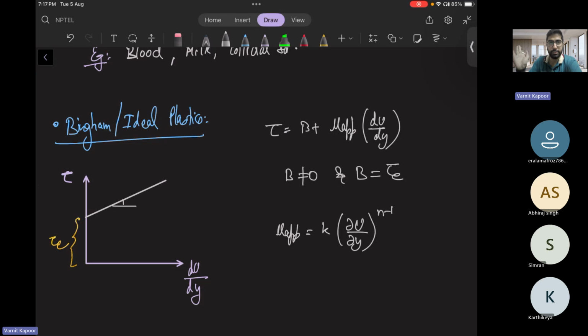And here it is constant. So for mu apparent to be constant, this value needs to be constant. That means n minus 1 should be 0, so n will be 1. So again, it is a similar kind of Newtonian fluid, but with some initial B value.